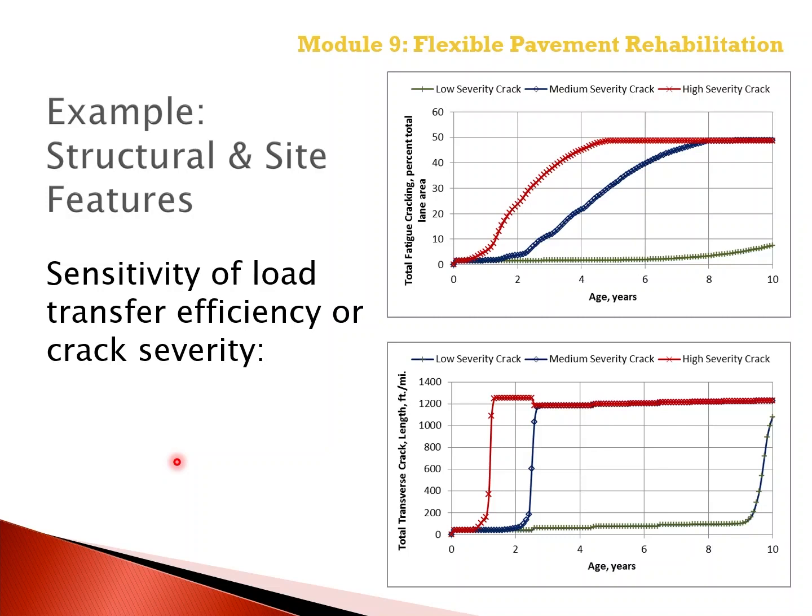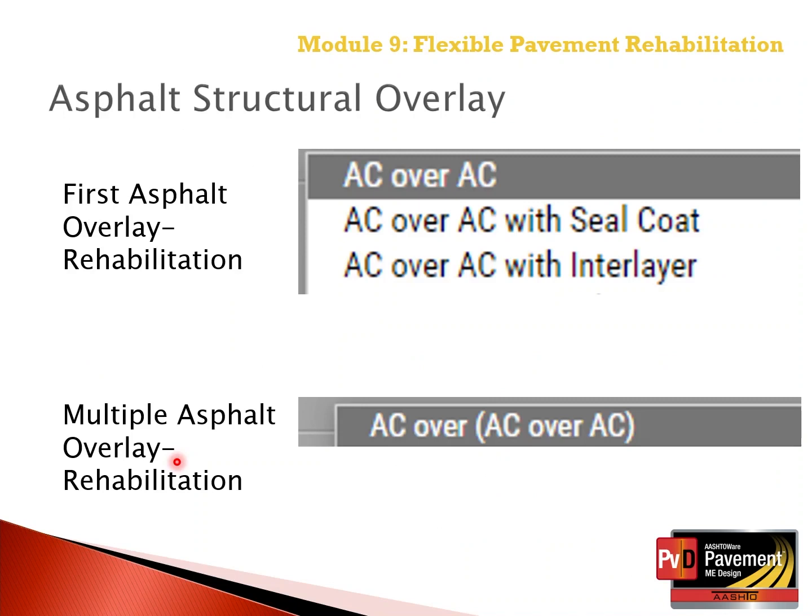That is a very important variable in determining the magnitude of the total cracking in the asphalt overlay. So very briefly now, let's discuss the different options where some types of interlayers are placed between the existing asphalt layer and asphalt overlay to mitigate reflection cracks.